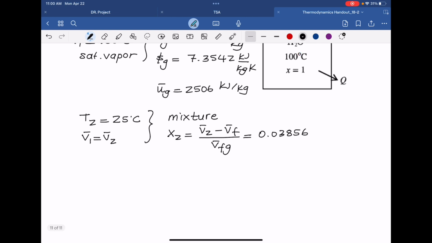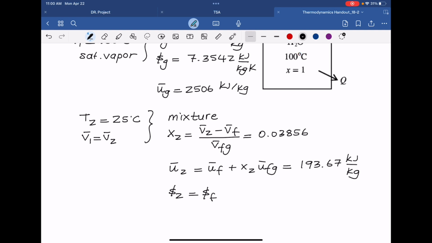and then using quality you figure out at that temperature what is U2. Again, this is not happening at the same temperature, it's not an isothermal situation.